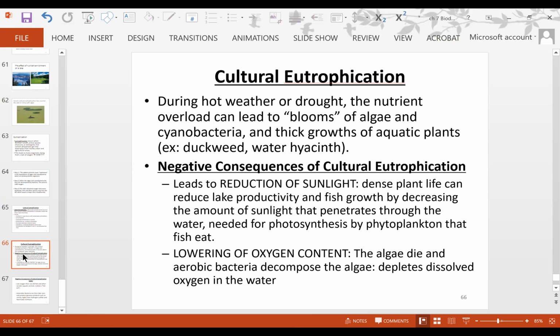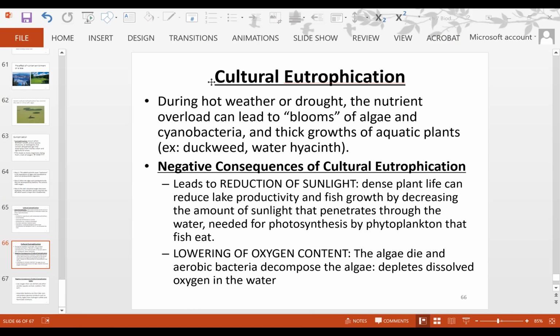You're concentrating the nutrients more, and that leads to algae blooms and thick growths of plants like duckweed and water hyacinth. And this leads to a reduction of sunlight because you have dense plant life, and you are reducing sunlight that can penetrate through the upper layers of the lake water.